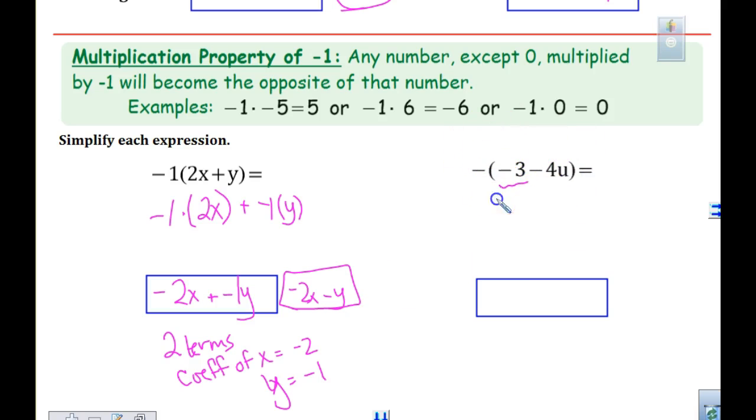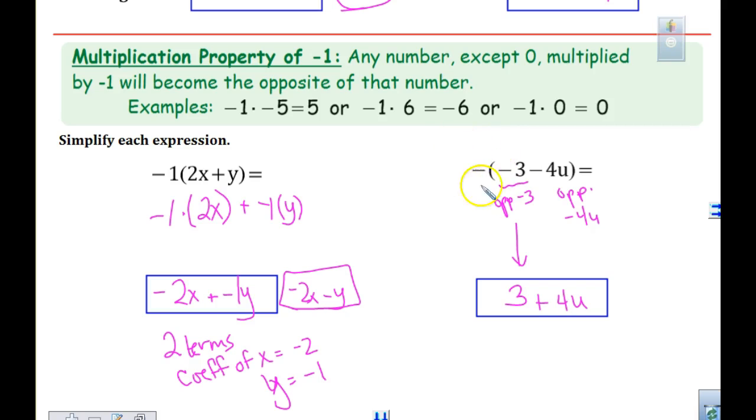So if I'm looking at the opposite of -3, I'm going to be looking at Braden as what? 3. And Lizzie, if I'm looking at the opposite of -4u, so it's going to be 4. So I'm going to have 3 plus 4u, right?